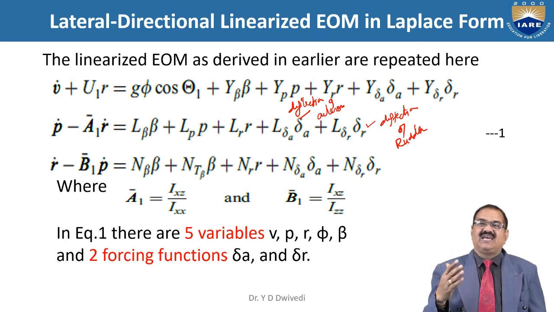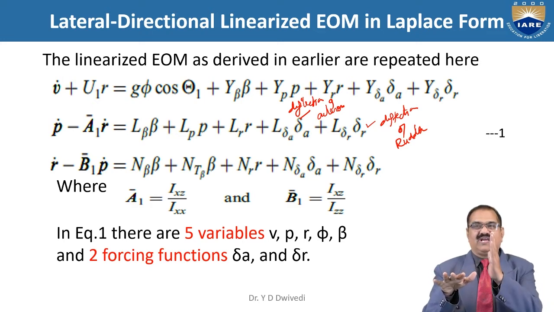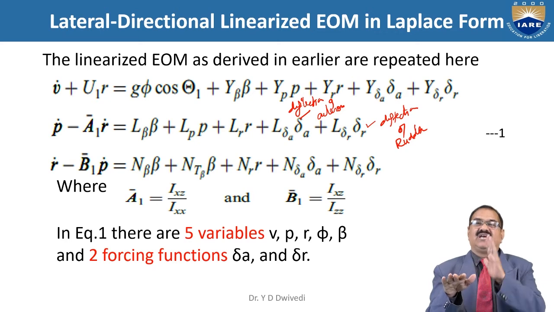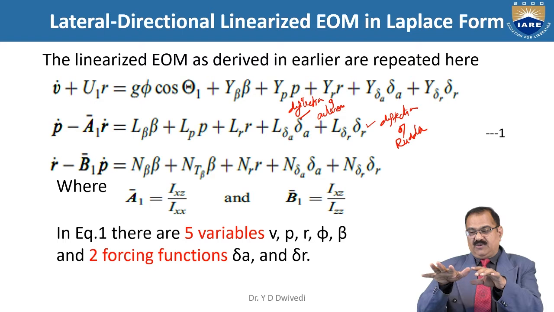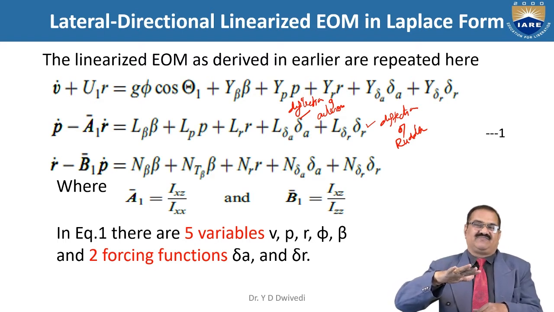And in this way, one more term, called adverse yaw, is also happening. When you try to roll the aircraft, one side lift will be more and the other side lift will be less. The side which is producing more lift will also produce more drag. So if you are rolling like this, the nose will go towards the left.